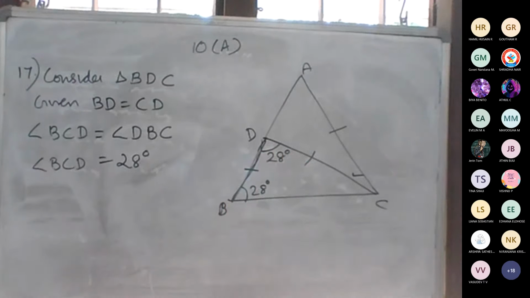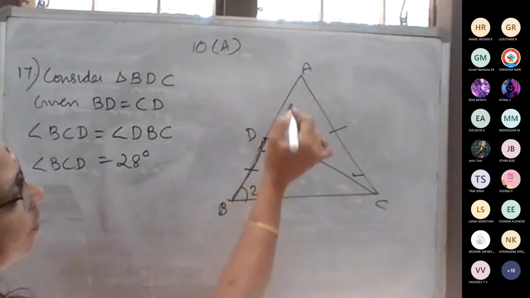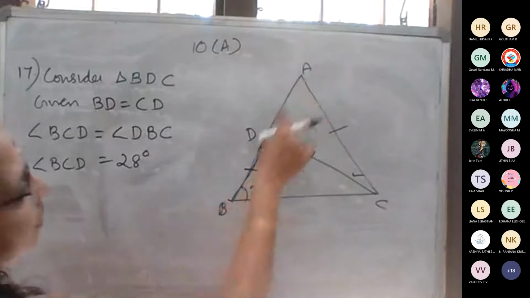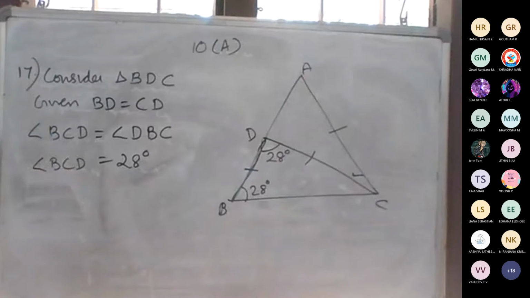So what do we have to find out? ACD, no? So how will we reach ACD? Look at triangle ACD. We got 28 degrees. If we think of ACD, that 28 will be the exterior angle. If we consider this triangle ACD, which will be the exterior angle?